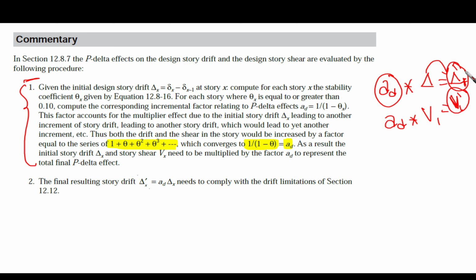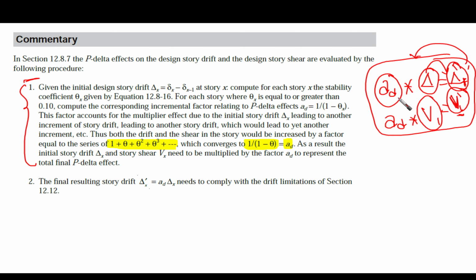We need to go to another cycle for P-delta, because the values that we have used, the initial values, which were delta and V_1, were less than the final values. So we need to go to another cycle of augmentation. So the code is making it easy for us. Actually, we need to make these cycles, okay, repetition. So it should be like this.